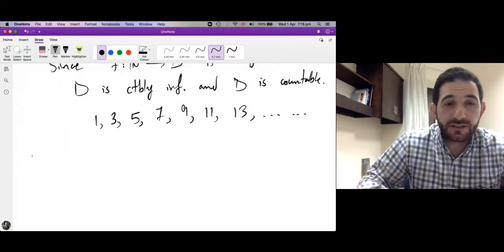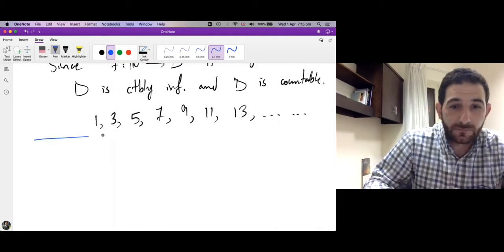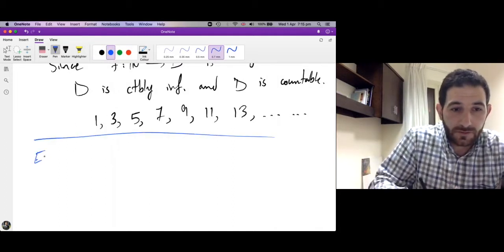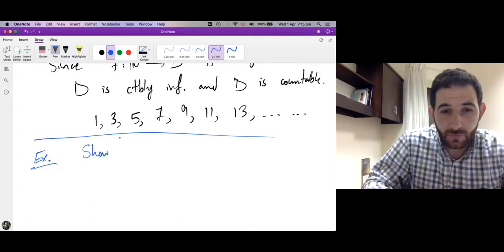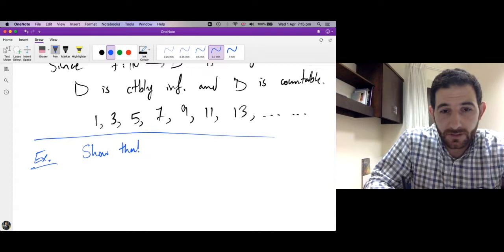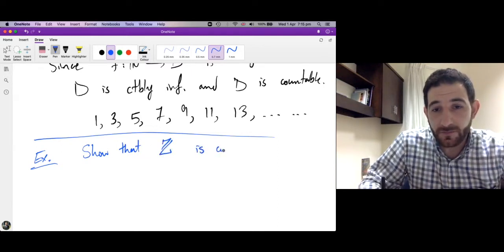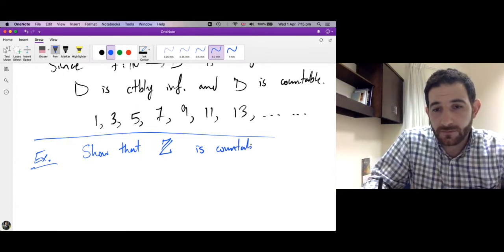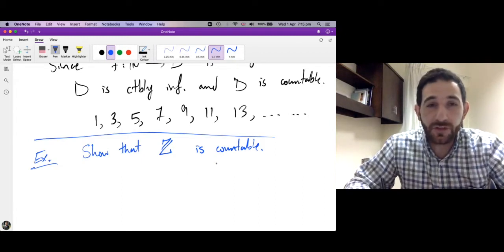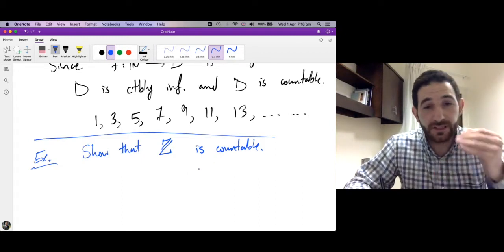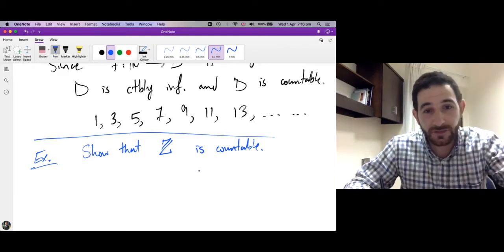Okay, let's have another example on countable sets. Example: show that Z, the set of integers, is countable. Again, Z is not finite, so to show it's countable, we need to show it's countably infinite. And to show a set is countably infinite, we need a bijection from the natural numbers to the set.